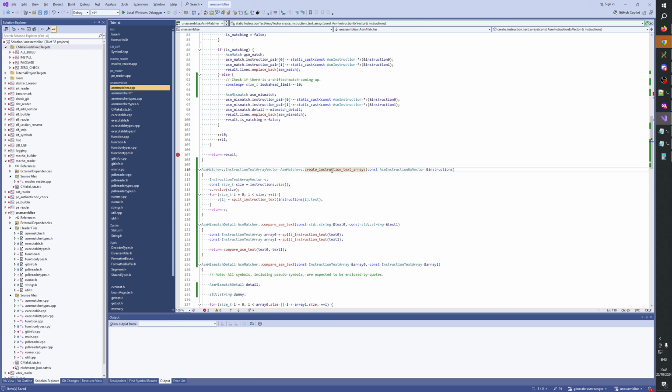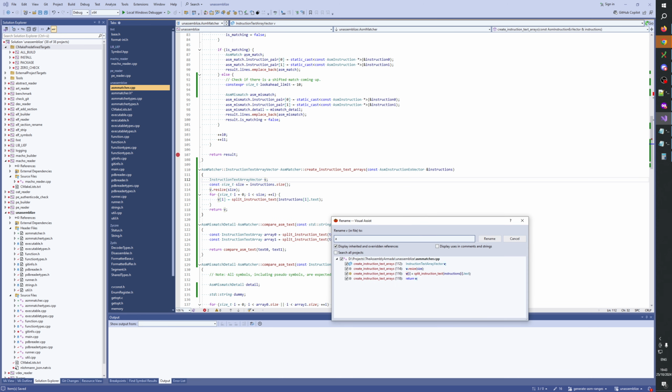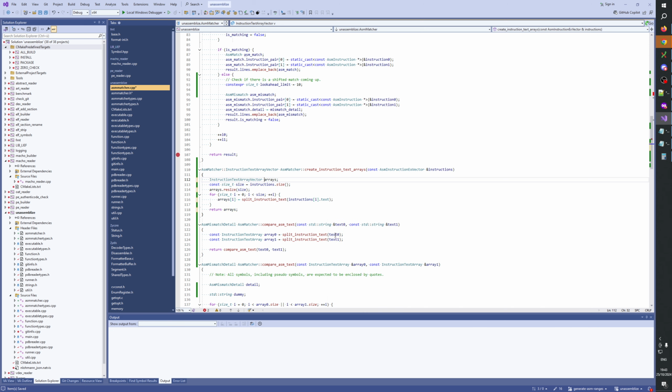Create instruction text arrays. Yeah, and maybe give it a better name. Arrays. Okay.